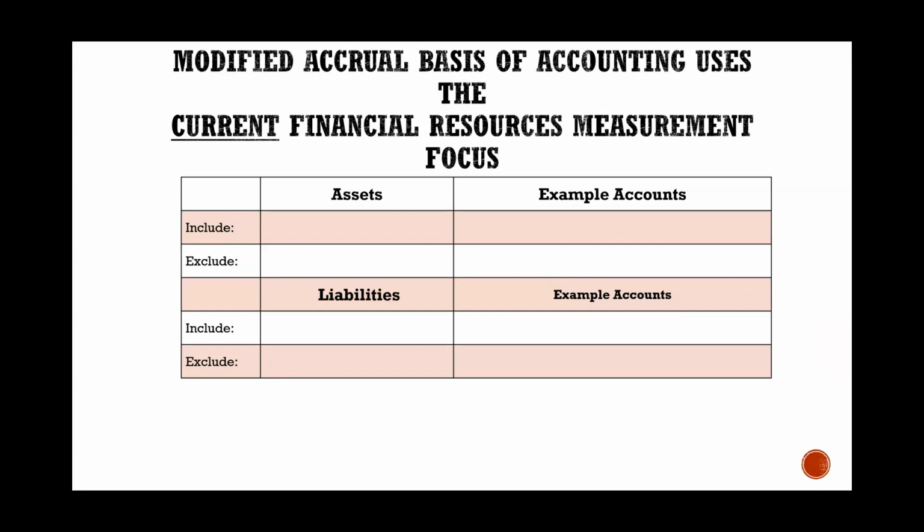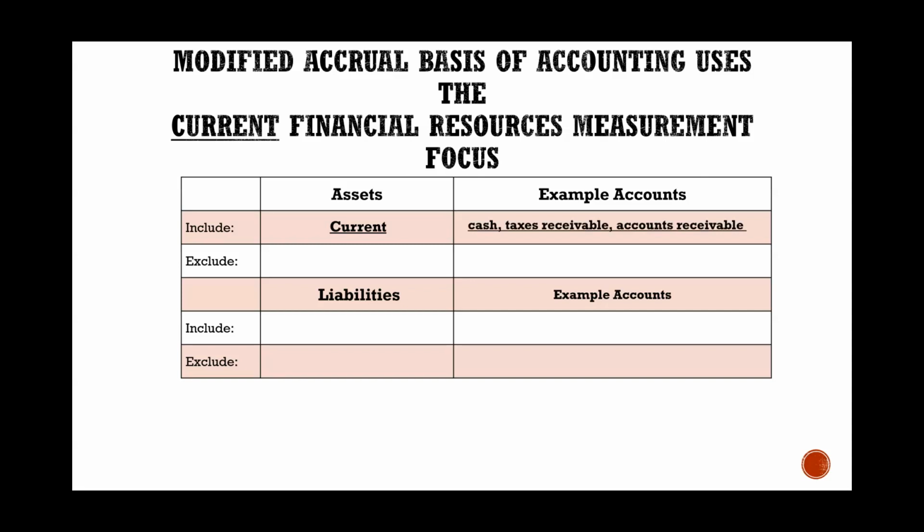Also, let's take a quick look at some quick examples of what we should include and what we should exclude when we are using the modified accrual basis of accounting. Again, that uses the current financial resources measurement focus, meaning it only uses current assets, current liabilities, right? For assets, we would want to include all of our current assets. That's going to be things that you're familiar with, cash, your taxes receivable.